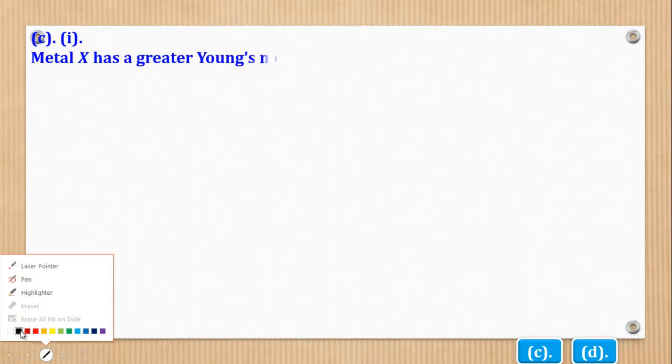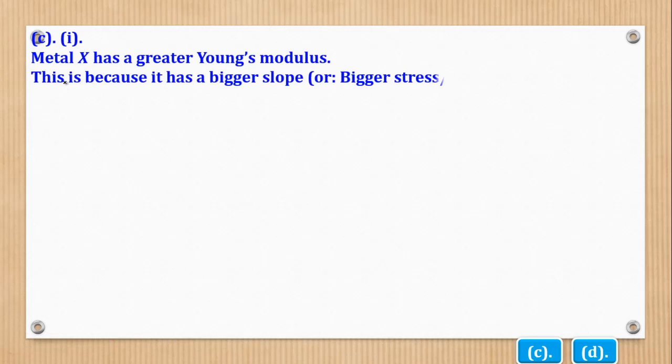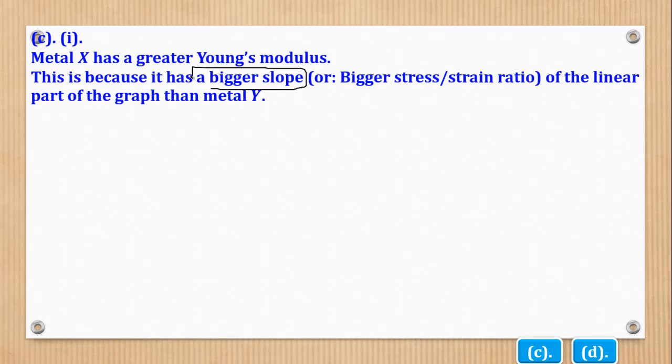For Roman 1, we shall say metal X has a greater Young's modulus. So the question is why? This is because it has a bigger slope. You can either say bigger slope or bigger stress-strain ratio for the linear part of the graph than metal Y. Let's analyze it and see if it is true.